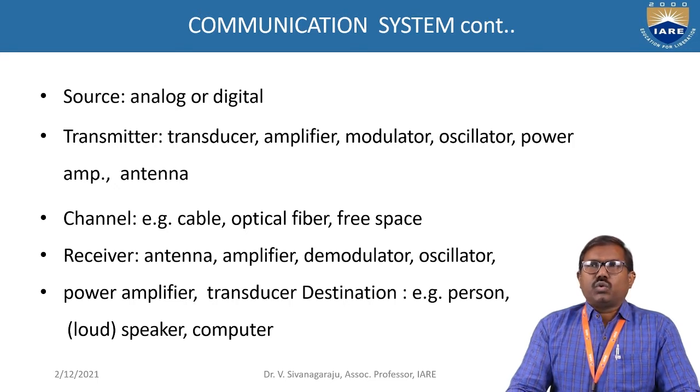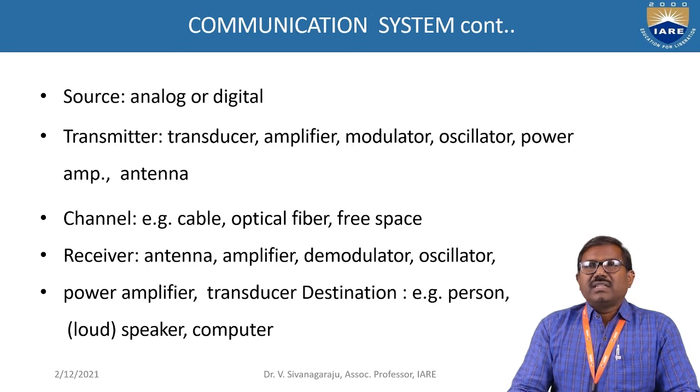The transmitter has a transducer, amplifier, modulator, power amplifier, and finally an antenna. So the transmitter is a combination of electrical and electronic components. The transducer converts energy from one form to another, and basically we require an electrical form, so the transducer converts the signal into electrical form.